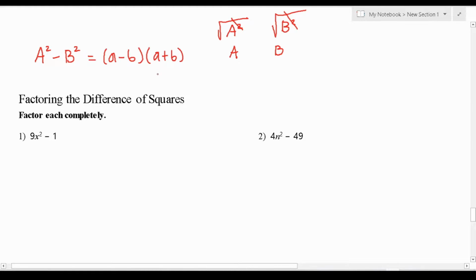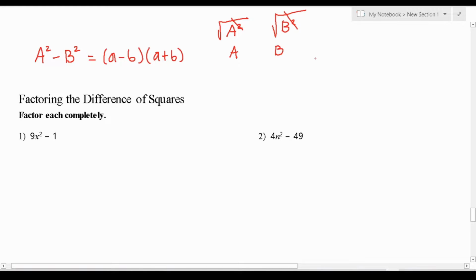Another thing that trips people up when they're factoring is the fact that you do have to be able to recognize what factoring technique is applicable when. So if you saw an equation of this form, a squared minus b squared, you would have to realize that the solution is going to look like this, and all you have to do is identify a and b and plug it in.